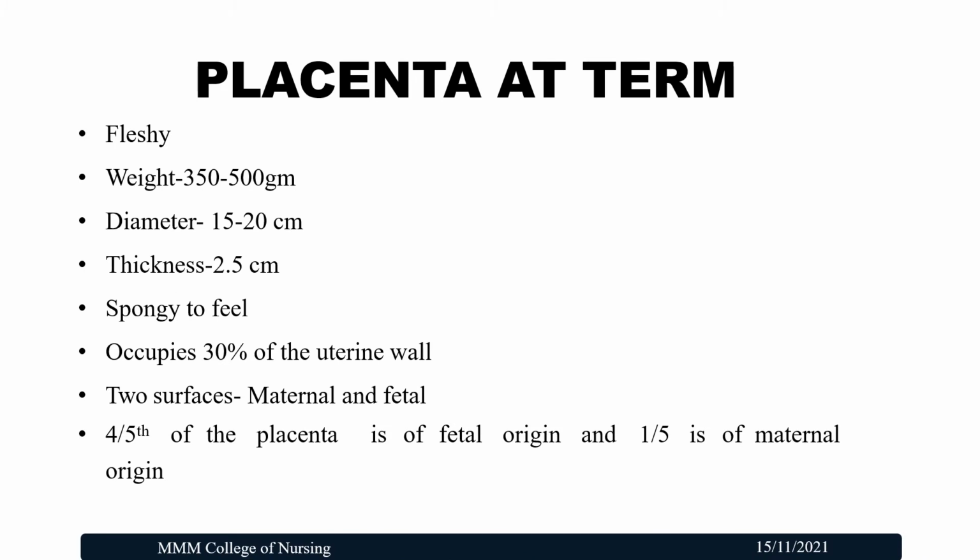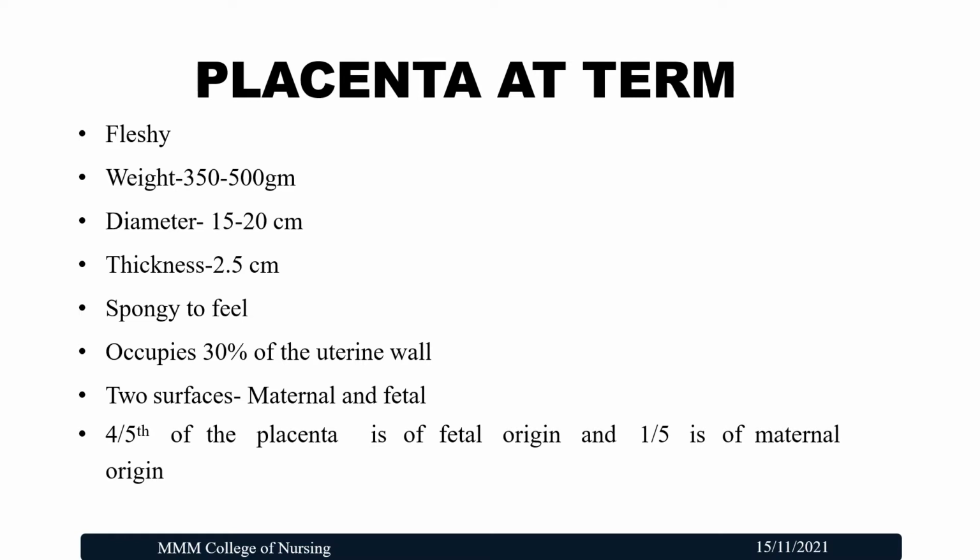How does the placenta look at term? It is fleshy, weighs about 350 to 500 grams, and is almost a circular disc with a diameter of 15 to 20 centimeters and a thickness of about 3 centimeters at its center, and it feels spongy.